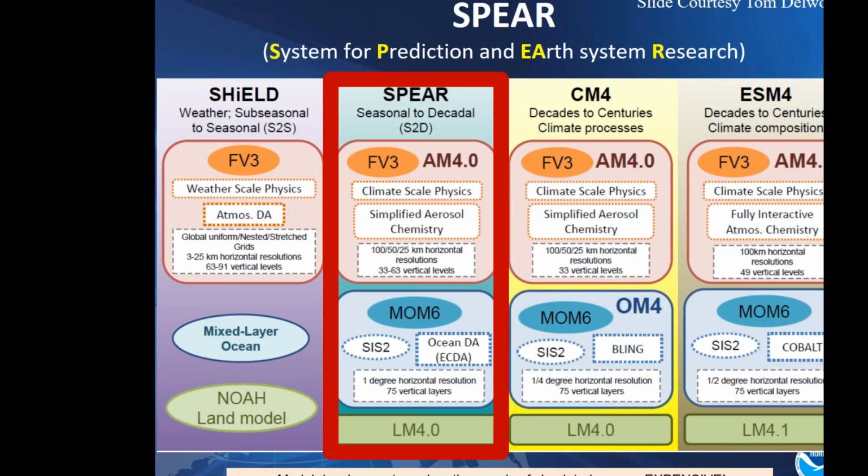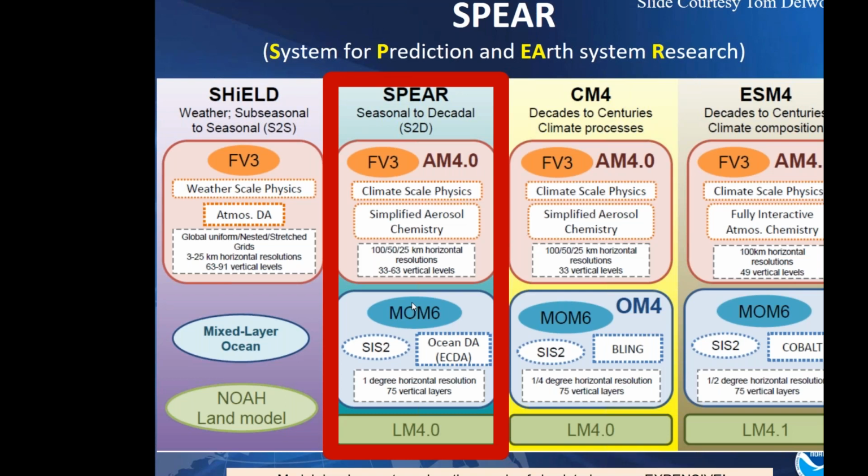Now, also at GFDL, these same tools, CM4 and ESM4, have been used to build what Tom Delworth's group calls the SPEAR, the System for Prediction and Earth System Research, which is being used for seasonal to decadal forecasting with a full data assimilation ensemble Kalman filter-based data assimilation system.